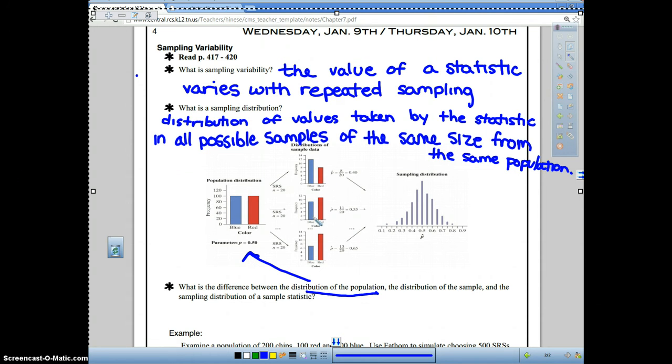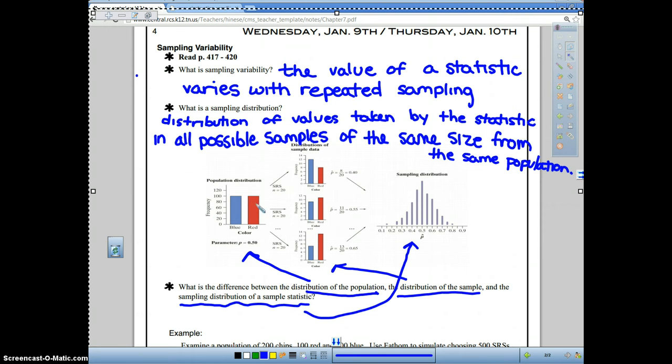It might look like this. It might look like this. It might look like something totally different. All of those are distributions of samples. And then this is the sampling distribution of a sample statistic. Okay? It is if I took all the possible samples, found the p-hats for each one, and then graphed them all, this is what that graph would look like.